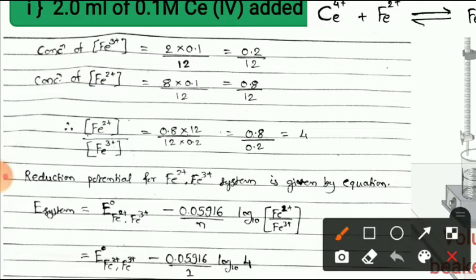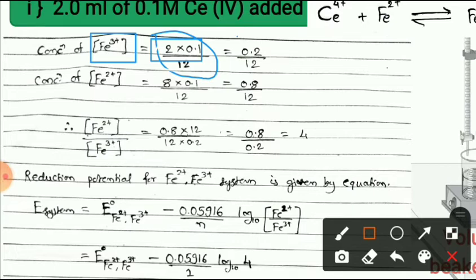The concentration of Fe3 plus inside the beaker will be 2 into 0.1 divided by 12. Here 12 is the volume of the solution, 2 is the amount of Fe3 plus present in the beaker, and 0.1 is the molar concentration.